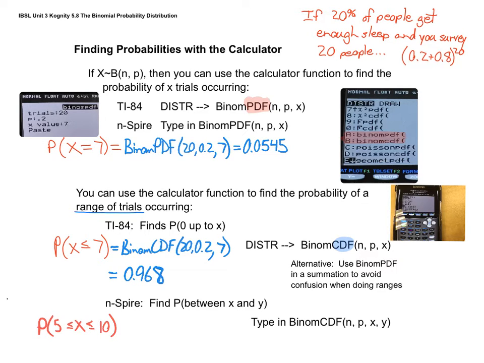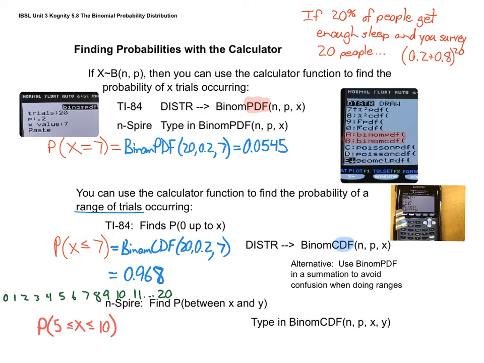Here's the probability of 0, 1, 2, 3, 4, 5, 6, 7, 8, 9, 10, 11, all the way up to 20. So he said if you find the binomial CDF up to 5, and then find the binomial CDF up to 10, and subtract, that should give it to you.